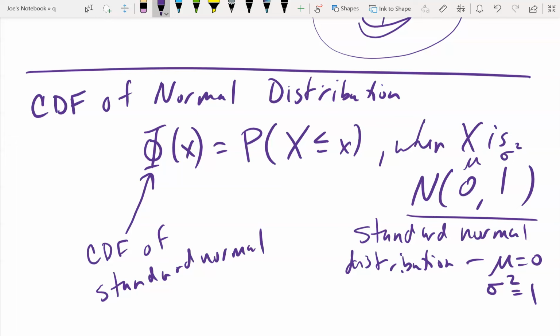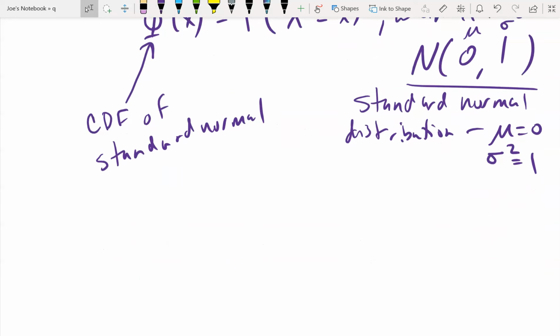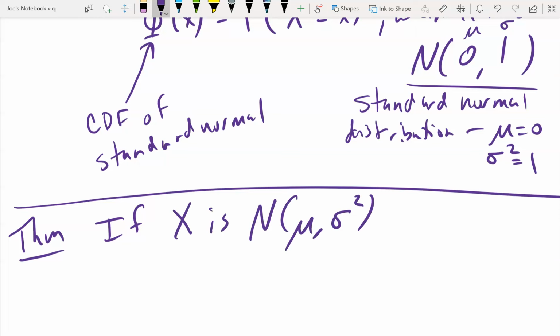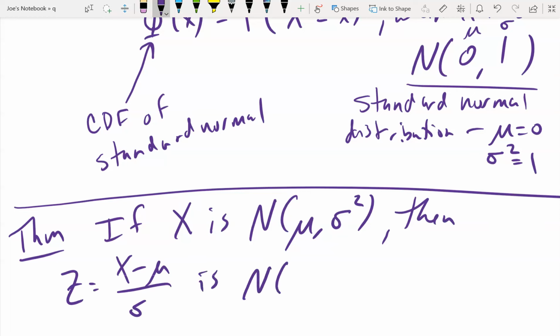If you've heard z-score before, it's exactly what you do, right? As the theorem goes, if X is normal with mean mu and variance sigma squared, then Z equal to X minus mu over sigma is normal 0, 1. And that's how you do the z-score.